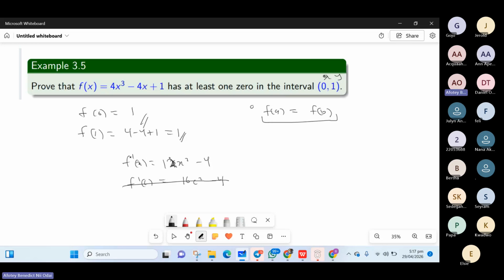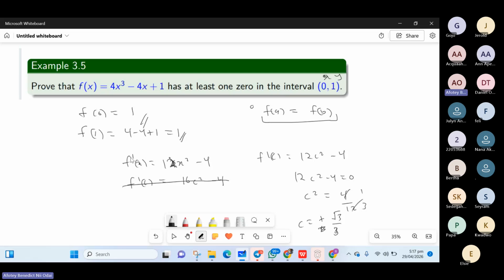So f prime of c gives us 12c squared minus 4. Equating this to 0, we get 12c squared minus 4 equals 0. So c squared is equal to 4 on 12, which is 1 on 3. So c is equal to plus or minus root 3 on 3; I just rationalized.